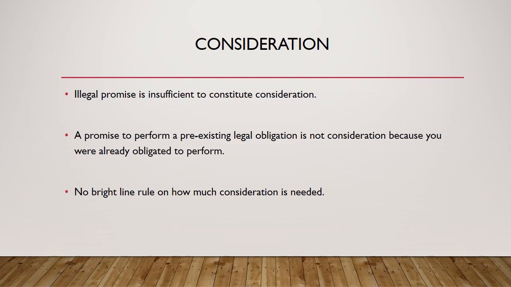So there's no bright line rule on exactly how much consideration is needed. The book uses the term peppercorn. That comes from a famous case which we studied in law school. Peppercorn means it doesn't have to be a very significant amount of value, but you just have to have some value to make it meaningful.